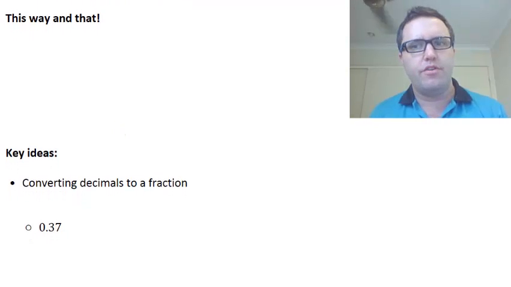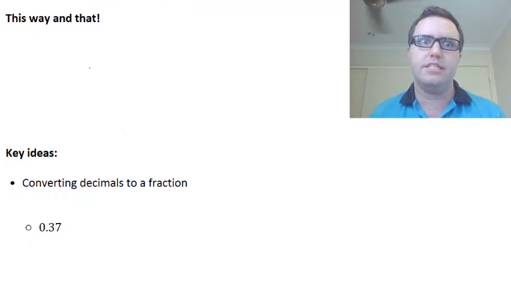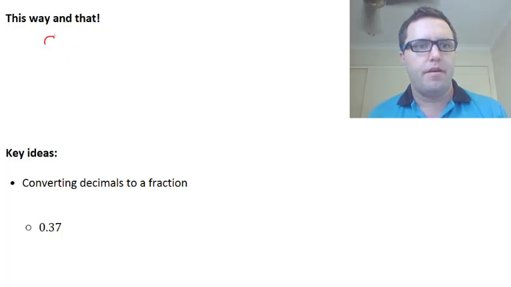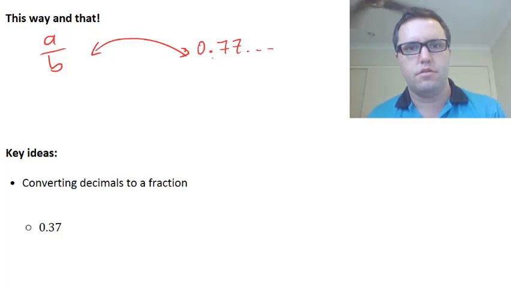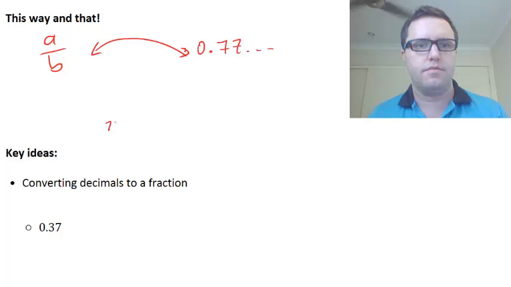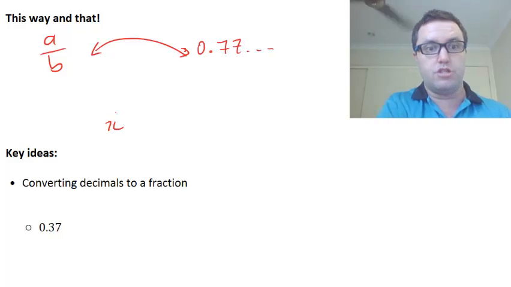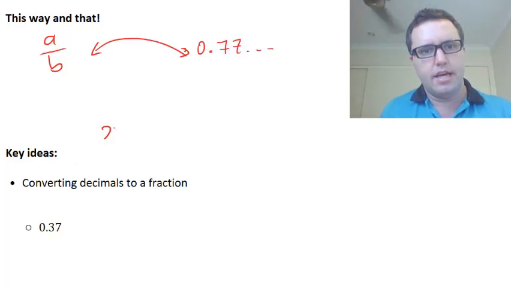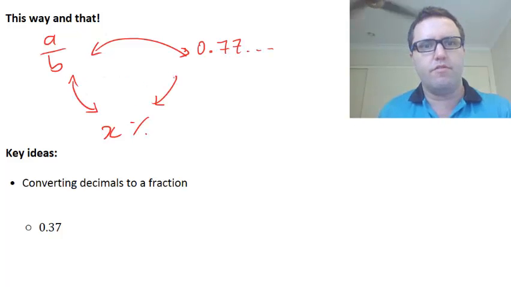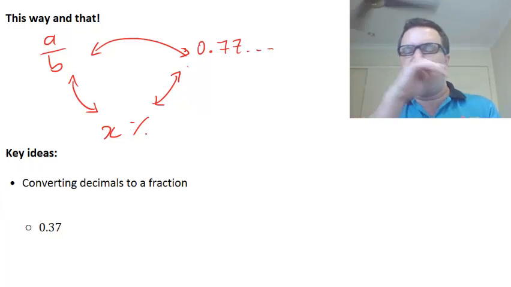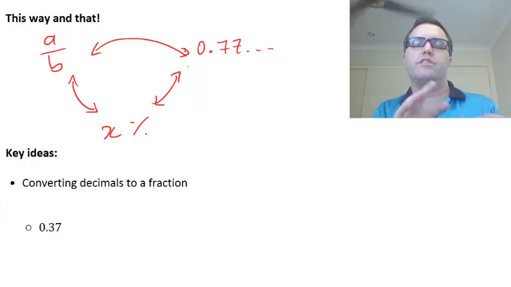In a few videos' time we're going to be talking about percentages, and you'll see soon that fractions, decimals, and percentages can all be converted between each other, and they're all equivalent versions, just different ways of representing the same stuff.